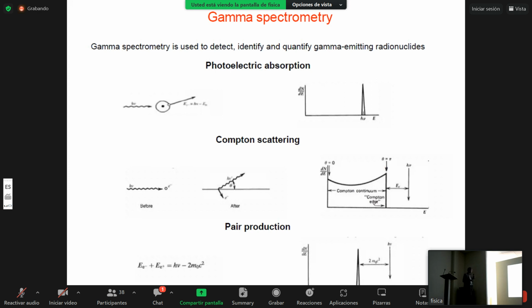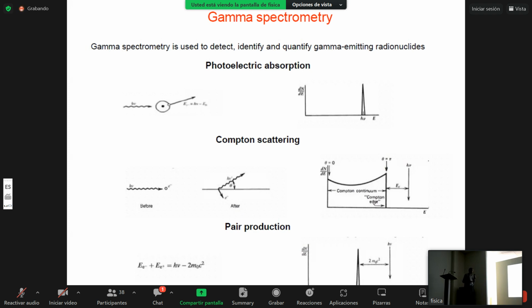This is a photon or a gamma ray which interacts with an atom and ejects an electron from the material, and all the energy of this gamma ray goes to this electron, and this electron can ionize the material. And in this case, you will get this clean peak, which really corresponds exactly to the energy of the gamma ray.